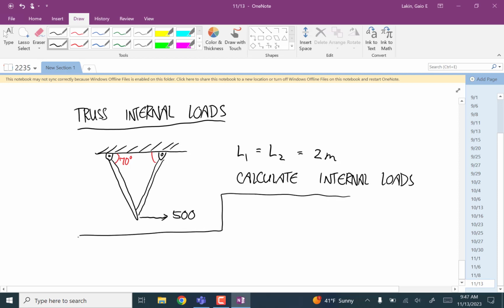This problem looks pretty similar, but now each of these bodies has only 2 forces on it. So we can treat this as a truss.